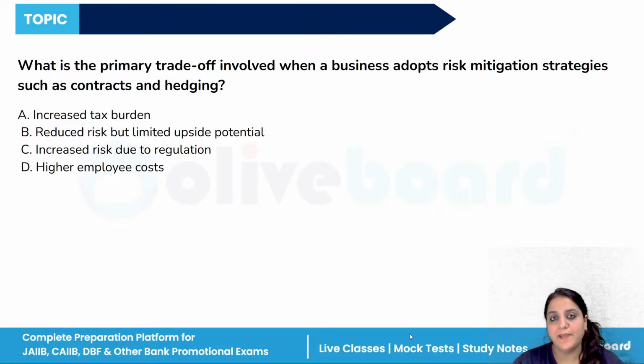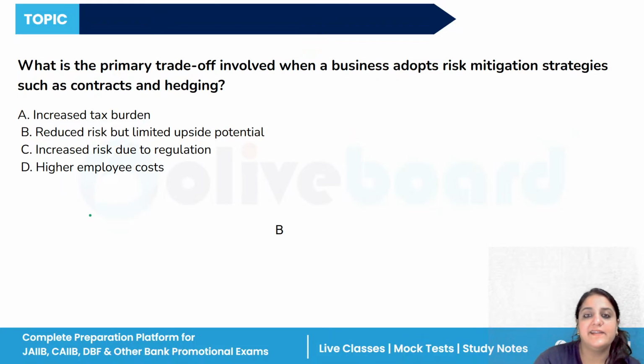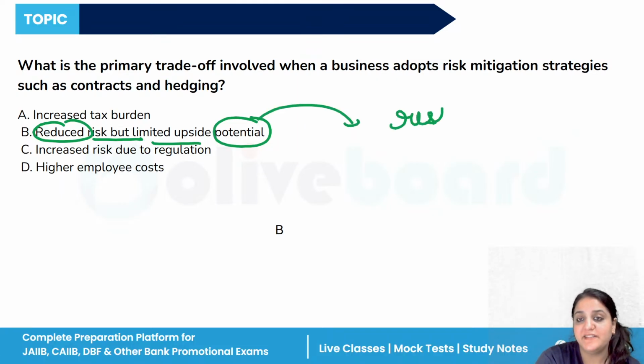So what is the primary trade-off here? Reduced risk but limited upside potential.